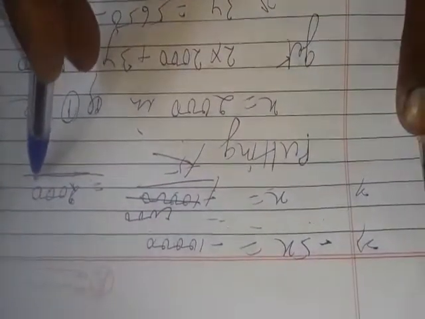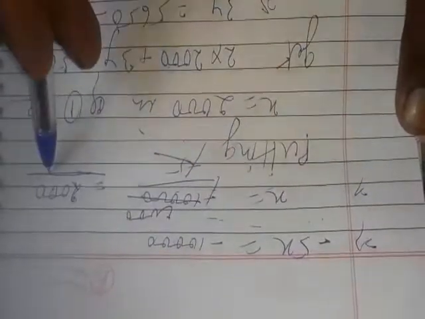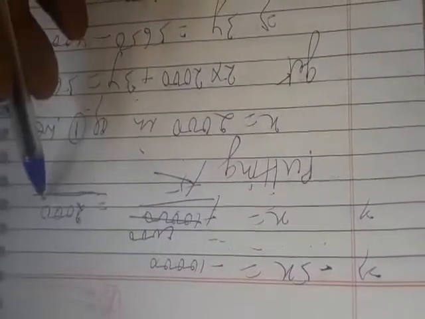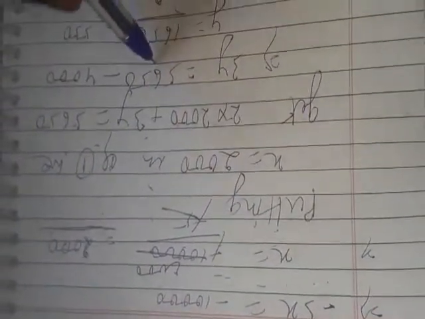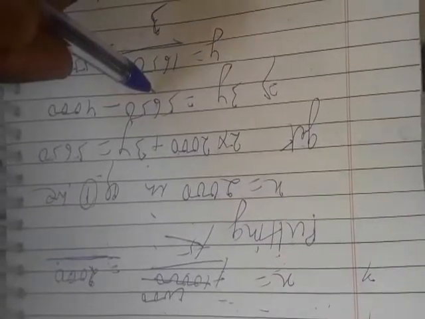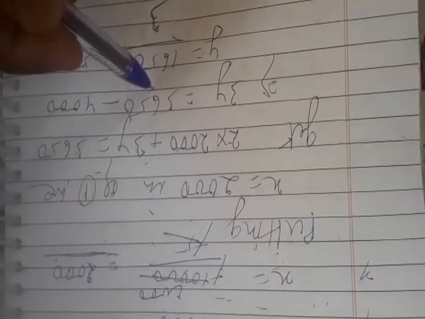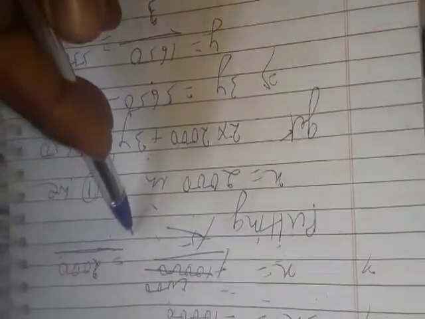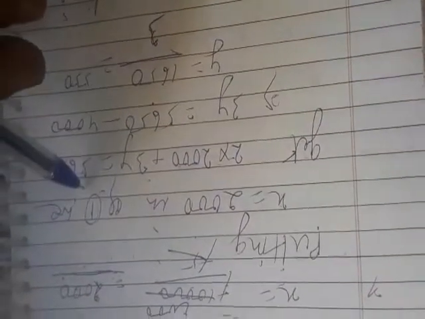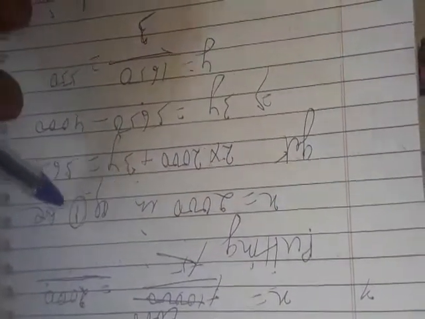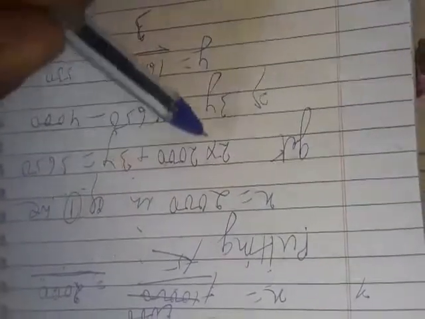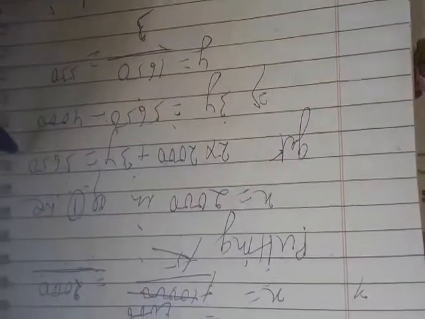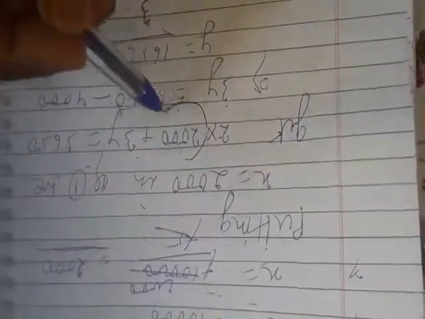Now we will substitute the value of x is equal to 2,000 in equation number 1. You can put this value x is equal to 2,000 in any of the equations. Having 4 equations, you can put the value of x is equal to 2,000 in any equation to get the value of the other variable y. Here we have put the value in equation number 1. By putting it in equation number 1, we get 2 into 2,000 plus 3y is equal to 5,650. For x we have written 2,000.